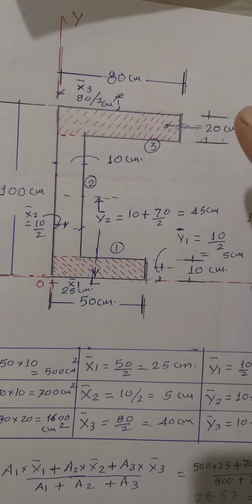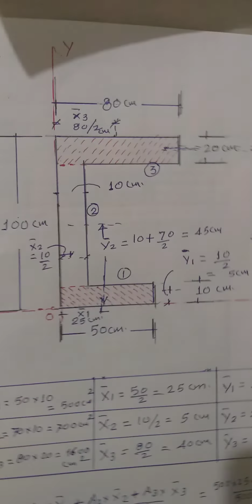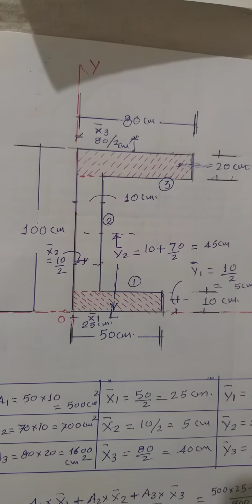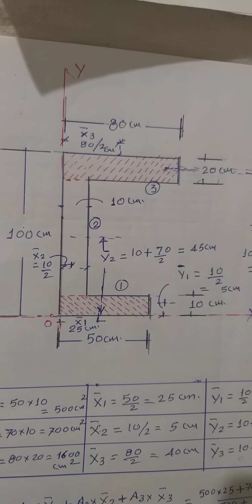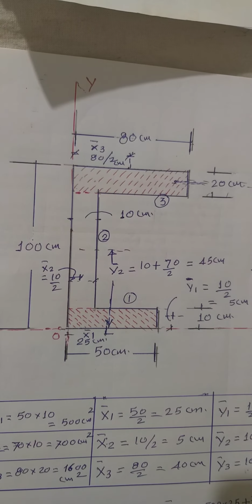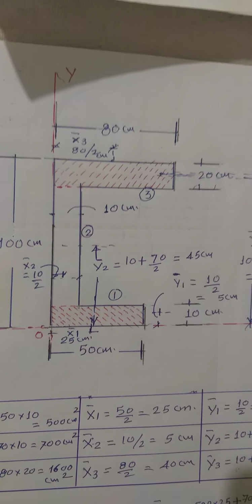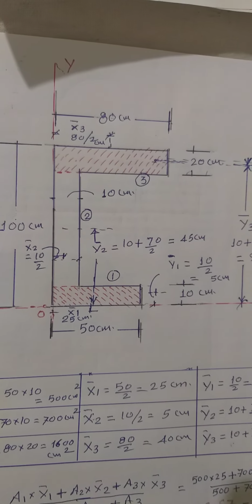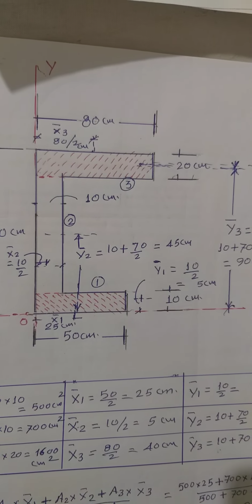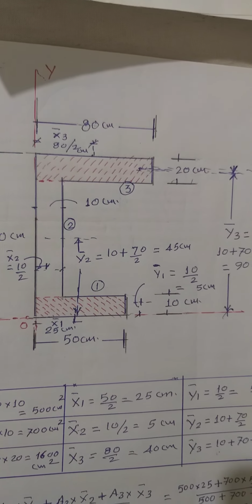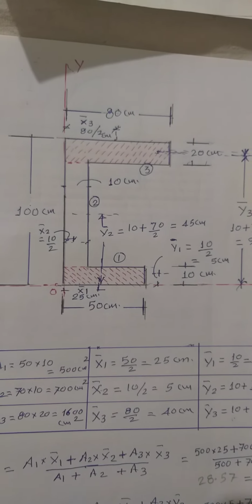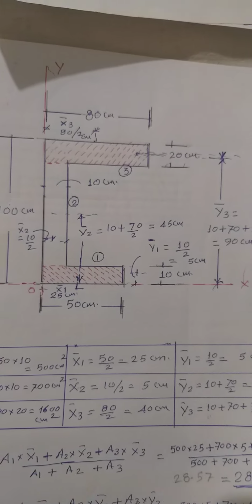Hence our definition that it is an imaginary point where the whole load or area is supposed to act is correct. It is an imaginary point because it is lying neither in section 1, nor in section 2, nor in section 3.